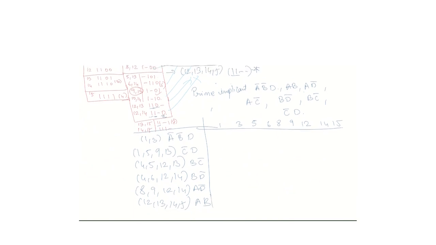Let's complete this. Let's write down 1, and since this here is 1 and 3, let's cross 1 and 3. 1, 5, 9, 13. Let's write a cross for 1, 5, 9. Since 13 is a don't care term, you can avoid it. So 4 you can avoid. 5, let me draw lines.